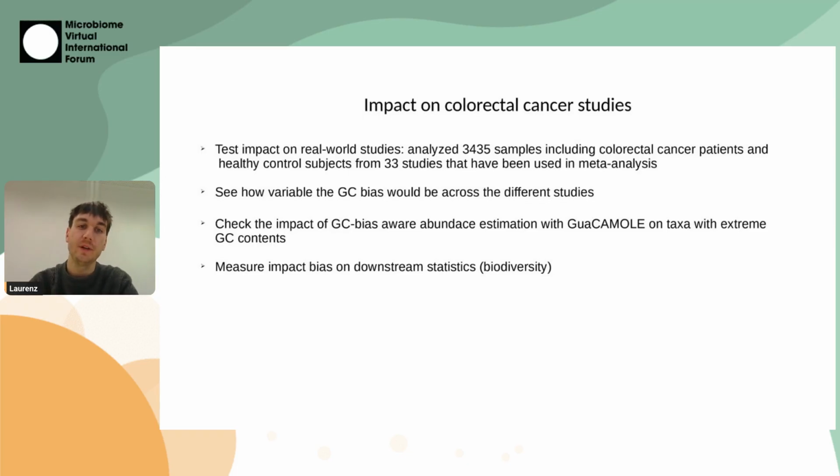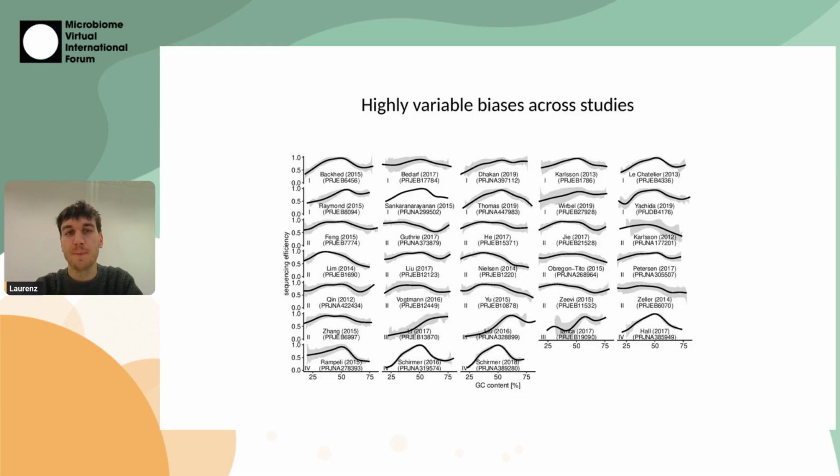We looked at 33 studies that have also been used in meta-analyses, and we want to use GuaCAMOLE to see how variable this GC bias is across the different studies, and how the abundance correction impacts statistics like the biodiversity.